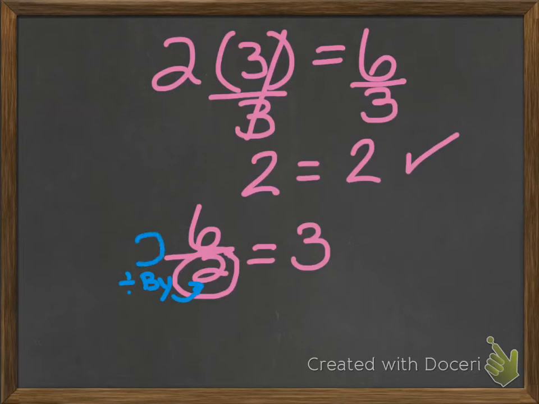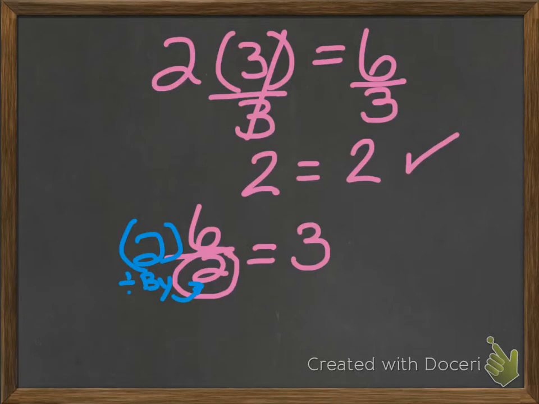Multiply. So I would multiply by 2. Okay? Can I divide by 6? Well, no. That's what I'm dividing into. So it's always the denominator, your bottom number. That's what you're dividing by. So when you do the opposite, it would involve that bottom number, not the top. You never involve the top number.